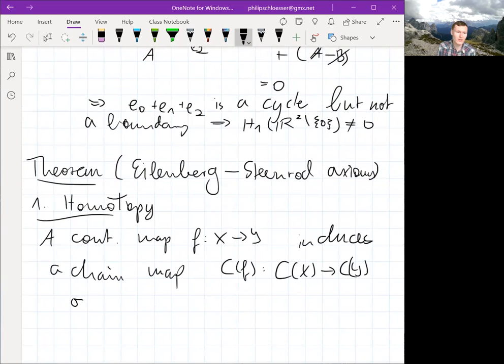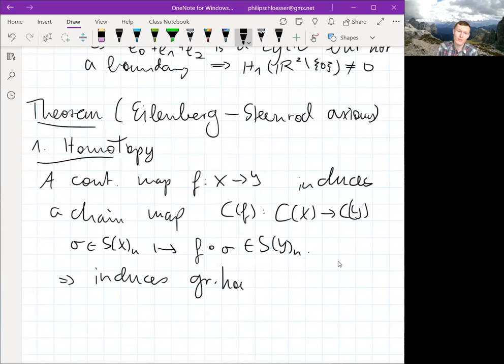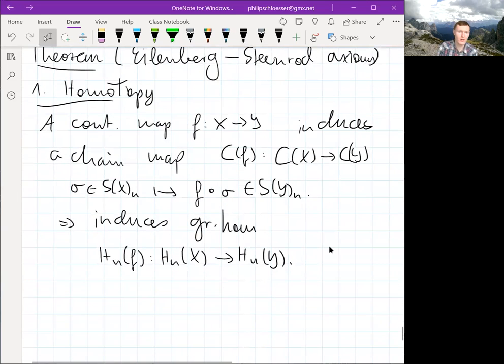Just by, well, you have a simplex, and you can just map it to f after that simplex, which is then an n-simplex of Y. And this one turns out to be a chain map, which means that it induces group homomorphisms between the homology groups. And they are functorial.